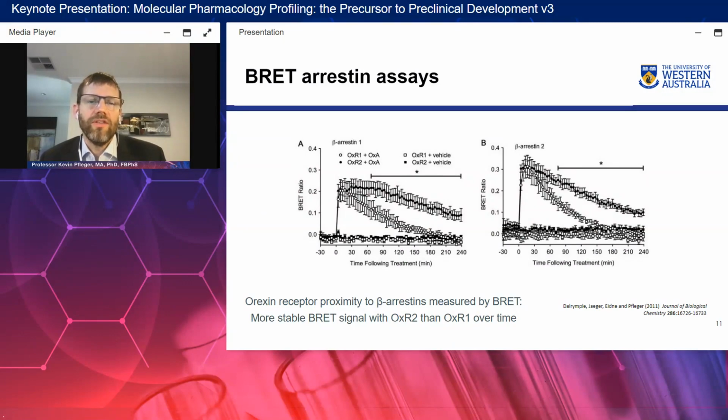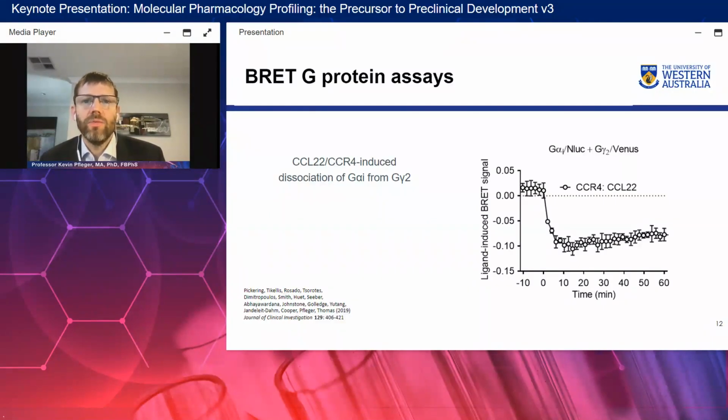We followed up these experiments with another study where we determined the reason for this prolonged profile was due to some differences in motifs in the C-terminal tail. So it's important to be able to look at these profiles and differentiate different pharmacology, and again, this can be seen with different compounds potentially.